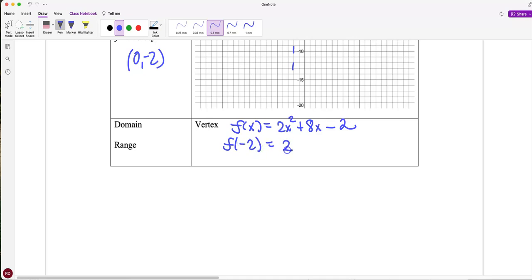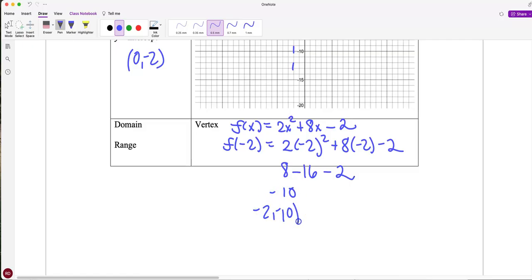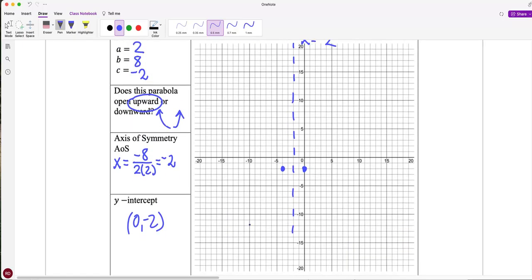So you get 2(-2)² + 8(-2) - 2. So this is 8 minus 16 minus 2. So this is what, -10. So (-2, -10) is my vertex. So (-2, -10) is right here.